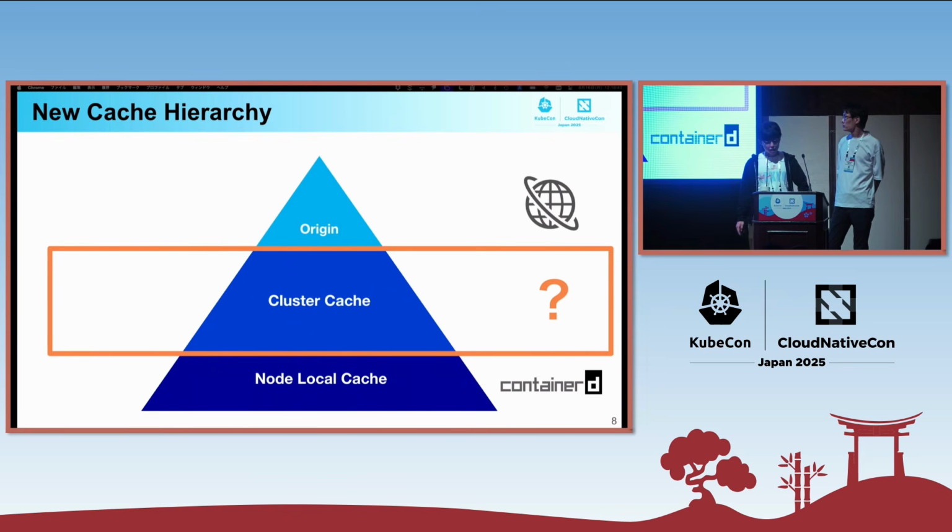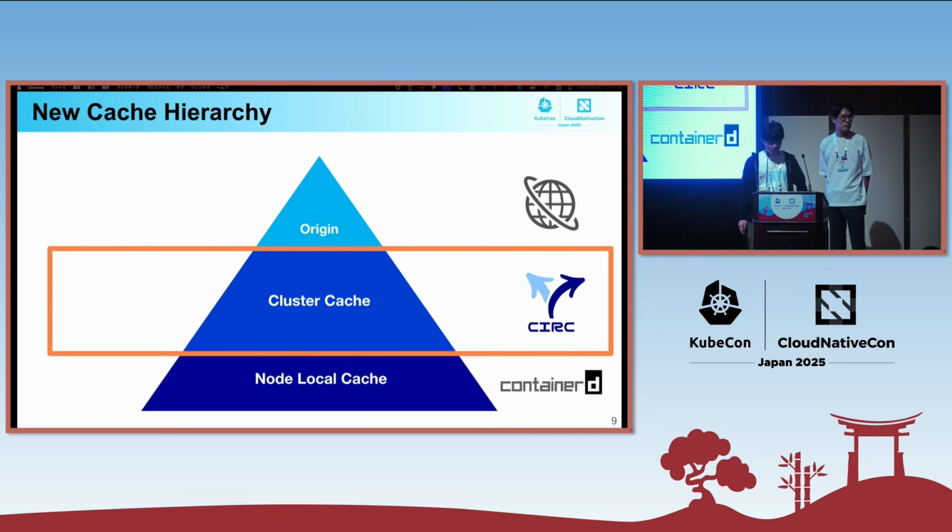So given these challenges with the current 2-tier system, we started to think: can we do better? Is there a way to introduce another layer of caching? Specifically, could we have a cluster-level cache, a shared cache within our Kubernetes cluster, to reduce dependency on external origin registries? This diagram asks these questions.